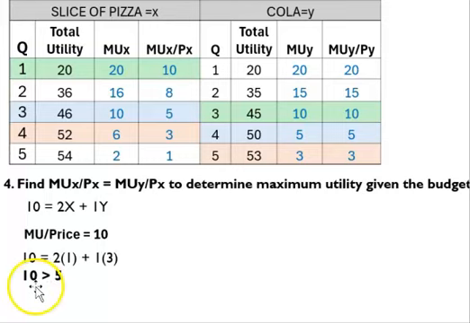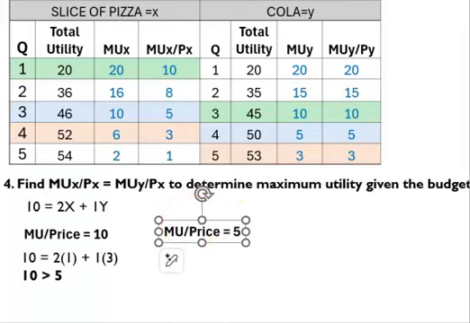But 10 is greater than 5. So 5 is less than our budget. So the boy is not maximizing his utility here. What about at MU divided by price equals 5?